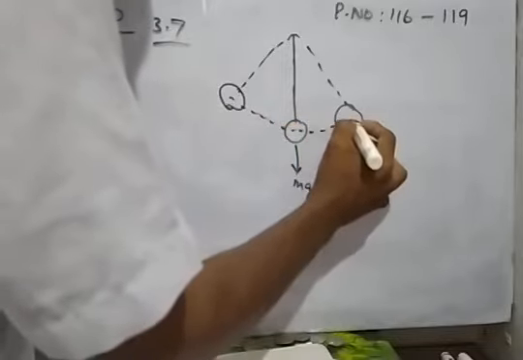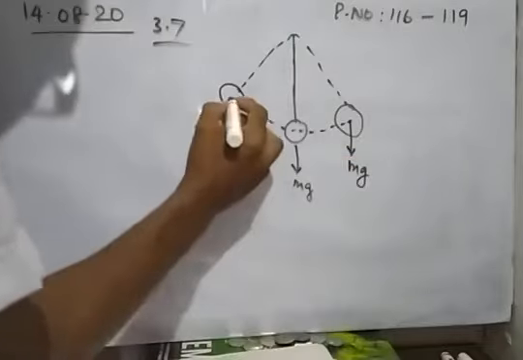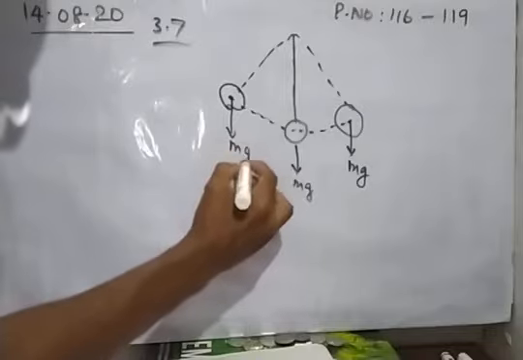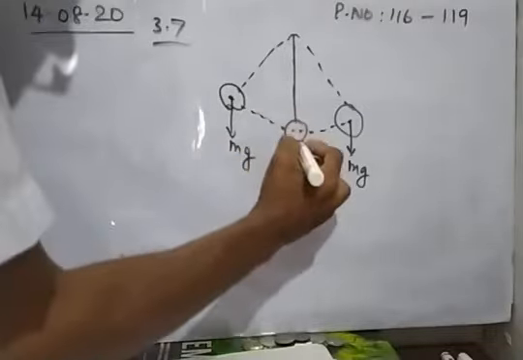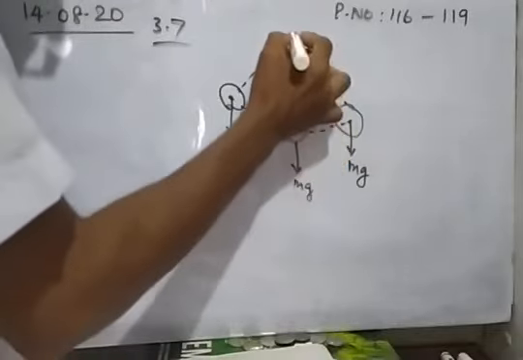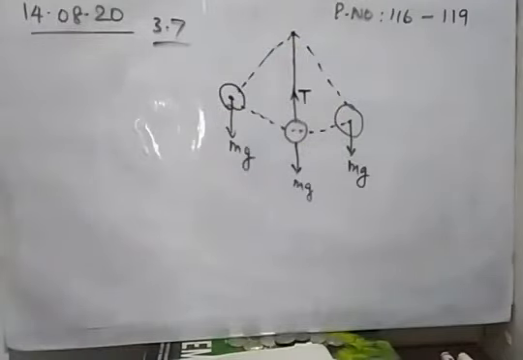Next, the tension acts towards the suspension point along the string. These are the two forces: gravitational force acting downwards, and the tension exerted by the string on the bob.